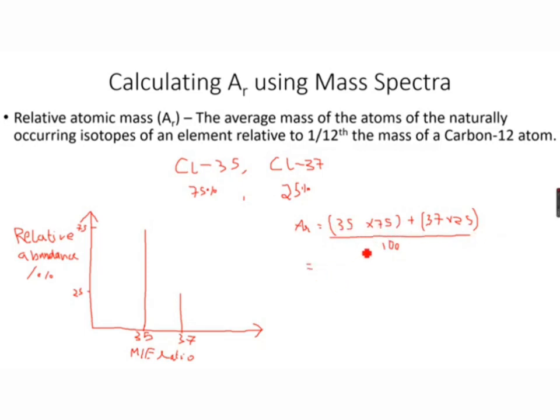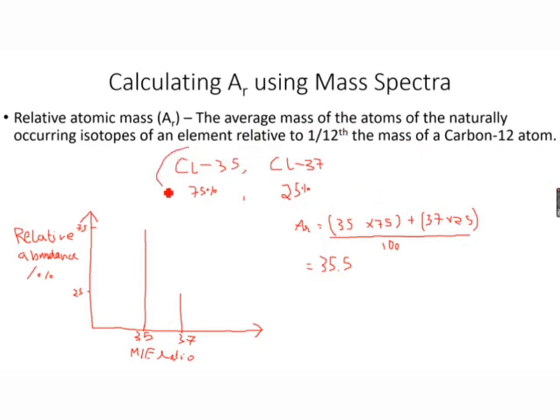When I do this on my calculator, 35 into 75 plus 37 into 25 divided by 100, I get 35.5. And that's why the relative atomic mass of chlorine is 35.5. So the relative atomic mass of a chlorine atom is the average mass of the atoms of the naturally occurring isotopes.